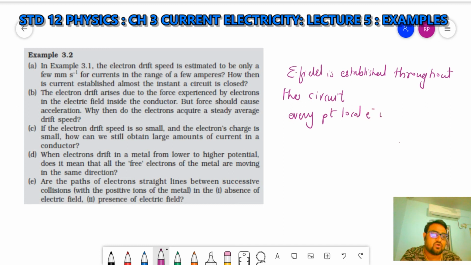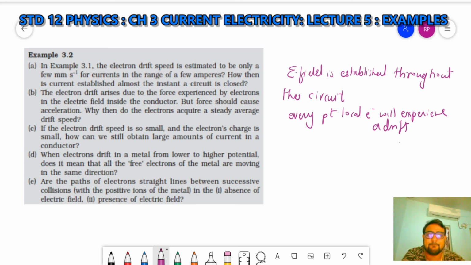So establishment of current does not need to wait for electrons to travel from one end to the other end. However, it does take a little time for steady currents to establish. Okay, so this was about the first part.